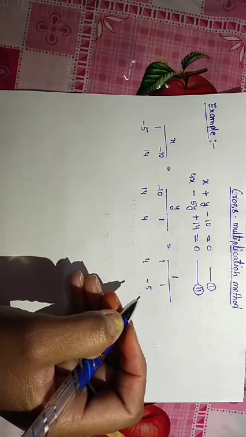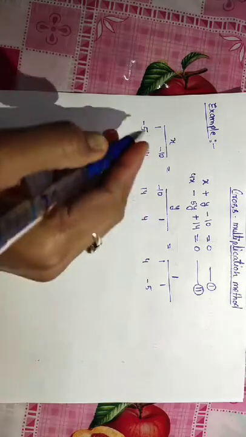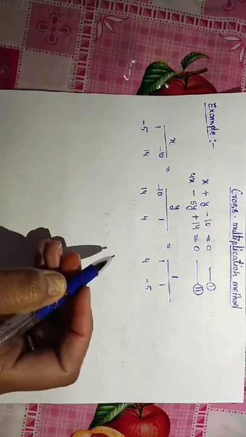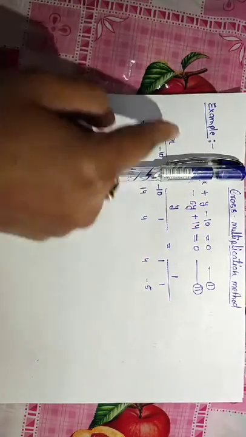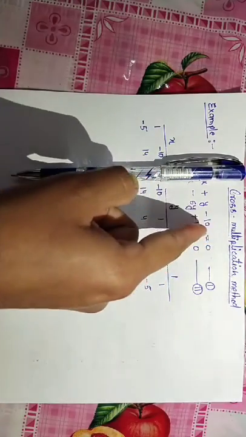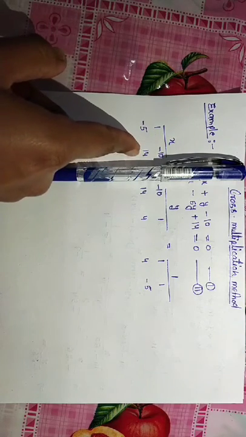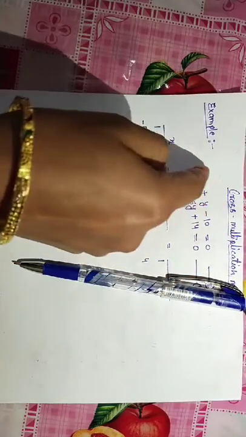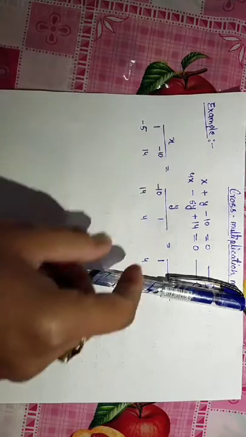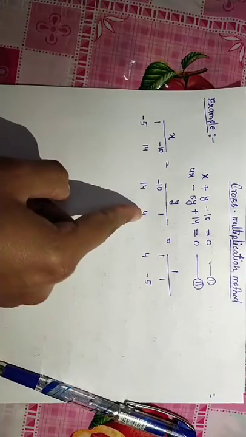Or we can say that for writing these steps, first we cover the x term and write the coefficients of y, that is 1 and minus 5, and minus 10 and 14. Again we start from minus 10 and 14 and we write the coefficients of x, 1 and 4, and after that we start 1 and 4, we write like this.